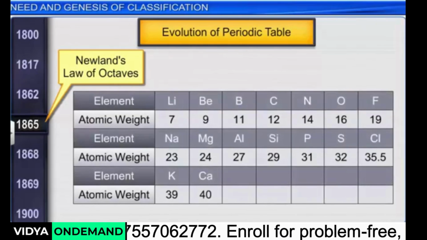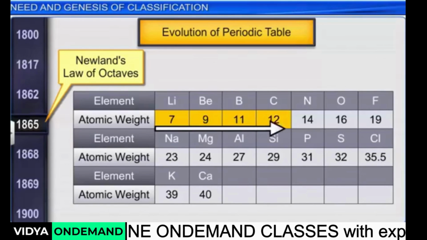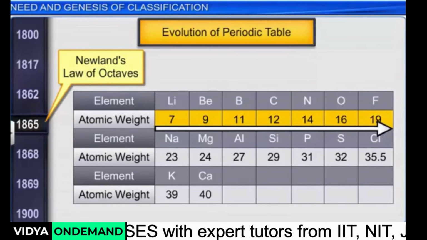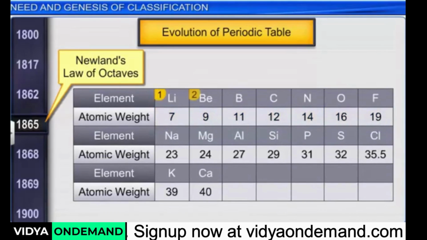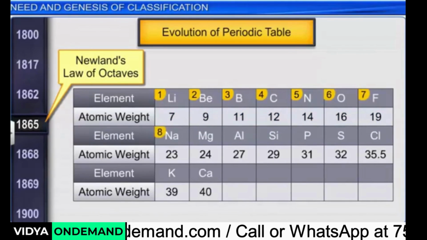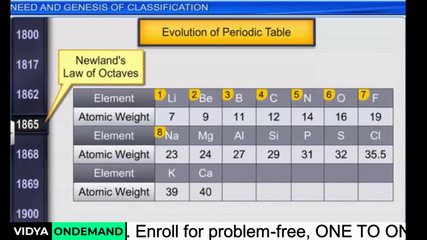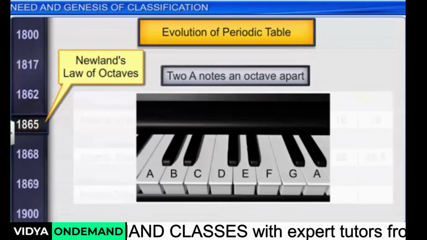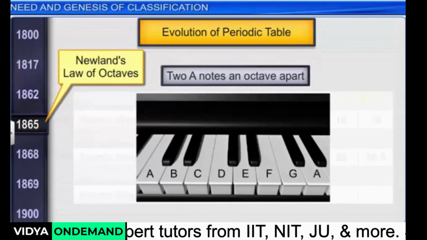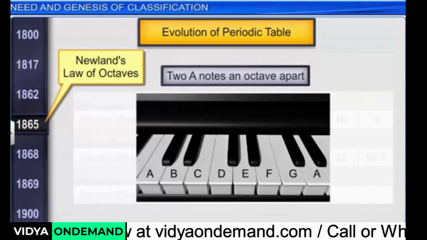According to the law of octaves, when elements are arranged in the increasing order of their atomic weights, the properties of every eighth element are similar to that of the first element. This trend resembled the octaves in music, wherein every eighth note is similar to the first note. Hence, the name law of octaves.